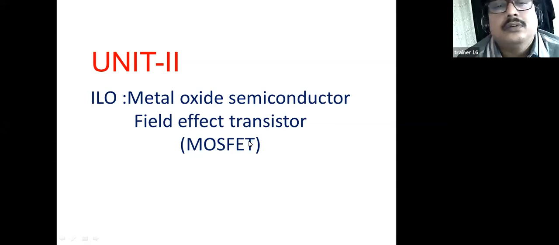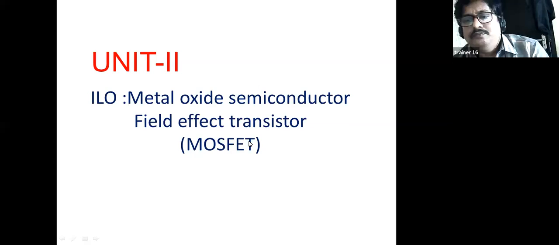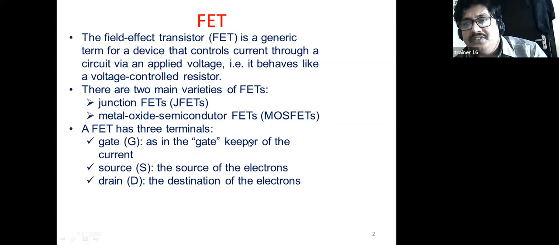In the syllabus, it is solid state electronic devices. The first topic is the PN junction diode. The next topic is BJT. Next is FET. In the FET, now we are discussing about MOSFET.